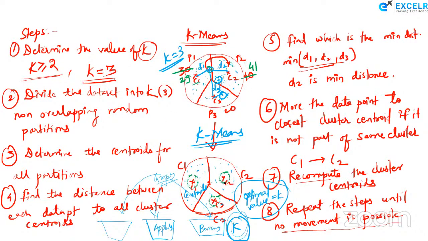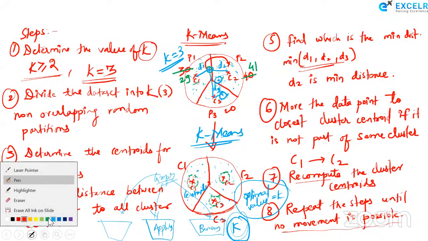Now, at the end of the algorithm, we said that the expected behavior is that all the data points remain closest within that particular cluster. So there is something called within cluster variability.